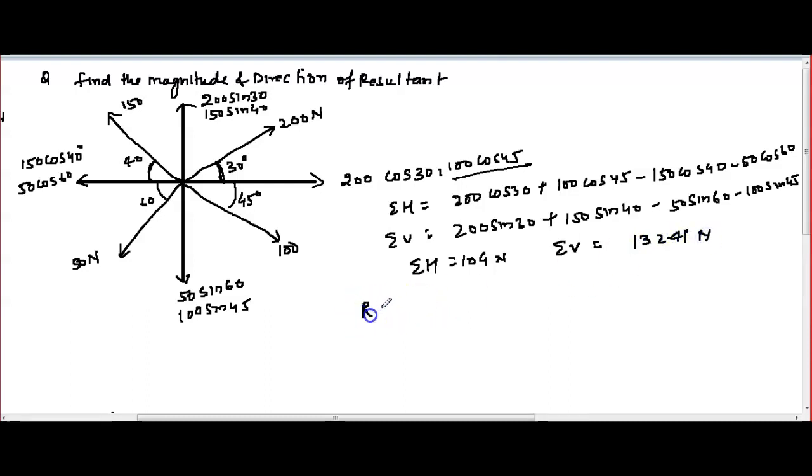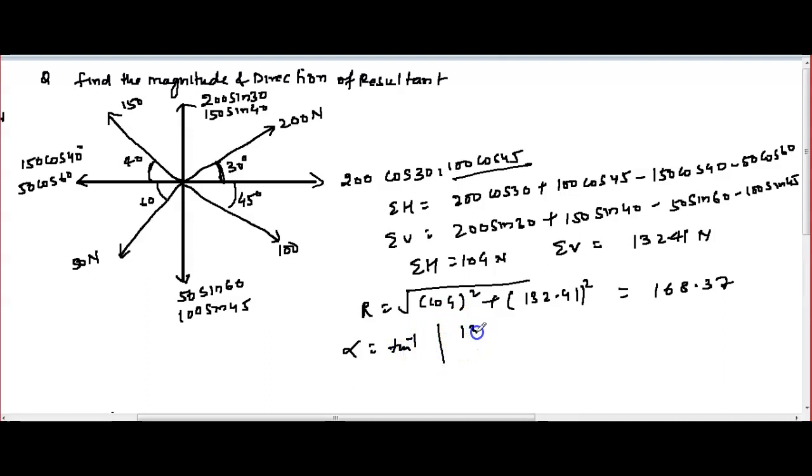So we can find the resultant. The resultant is equal to the square root of horizontal squared plus vertical squared, so 104 squared plus 132.41 squared. We can find this resultant with the calculator too. You will get 168.37. Alpha we can find as tan inverse of y by x, which is 132.41 divided by 104.